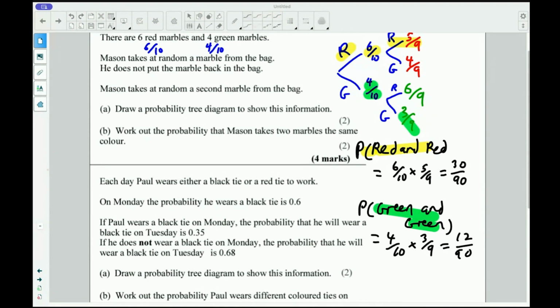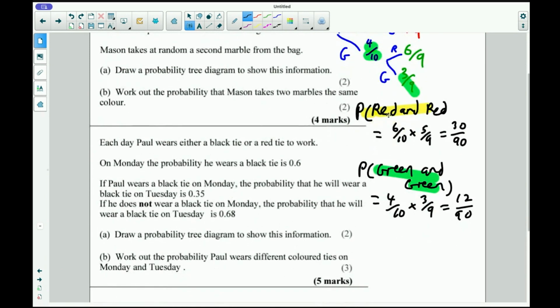Remember what I said about the and or statements? We've got the and statements here, which meant that we multiplied these, so it's red and red, green and green. But we're asking what's the probability that he takes 2 marbles of the same color? So basically, it's red and red or it's green and green.